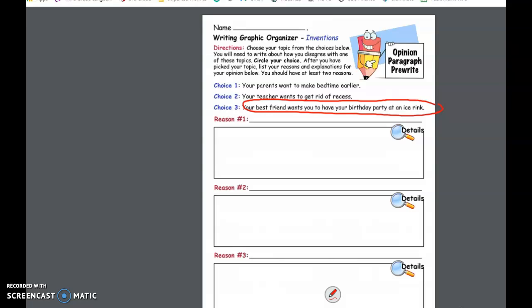And why do I disagree with my best friend having a birthday party in an ice rink? First of all, I might say, you know what? I don't know how to ice skate. And some supporting details would be, I have never gone before.